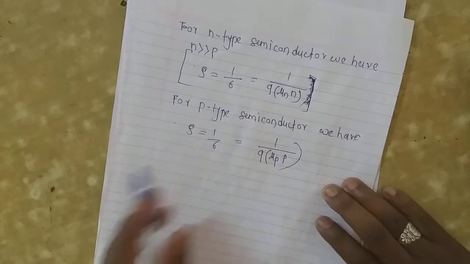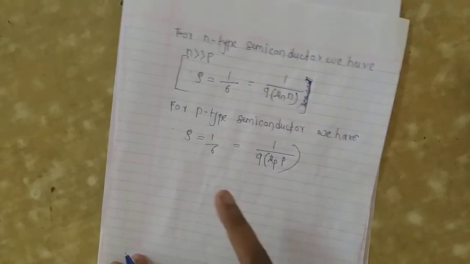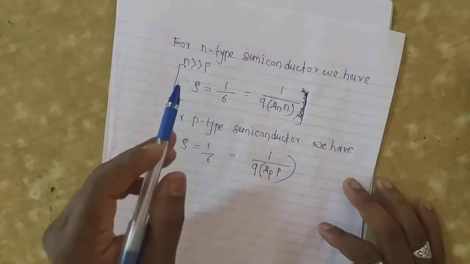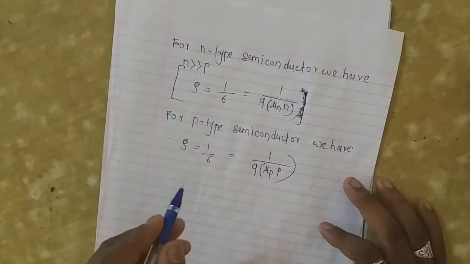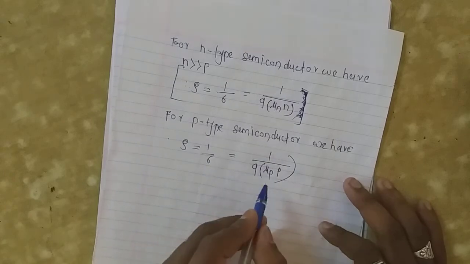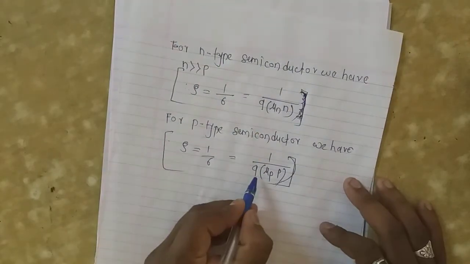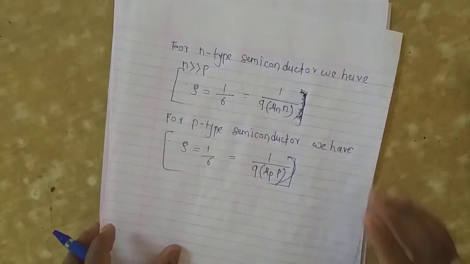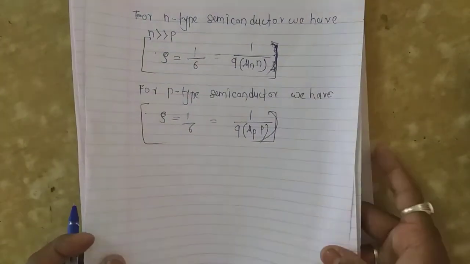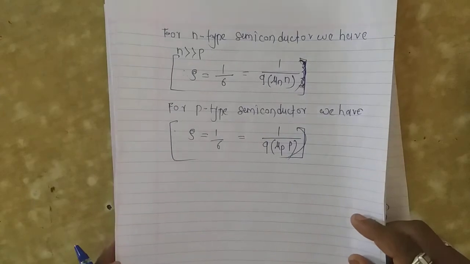This is the expression for the resistivity of p type semiconductor, and for p type semiconductor we have p is greater than n. That means that rho is equal to 1 divided by sigma is equal to 1 divided by q into mu p into p, and this expression is known as the resistivity of the p type semiconductor.